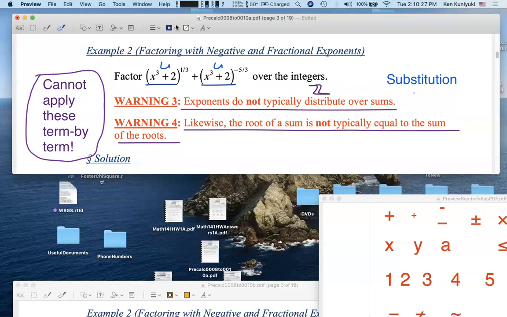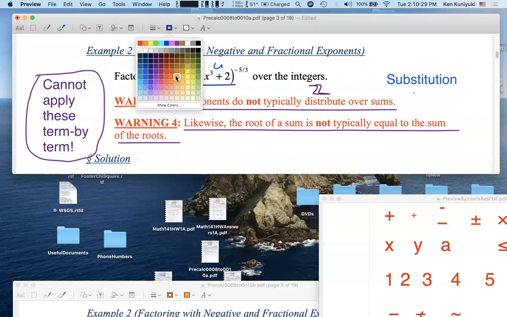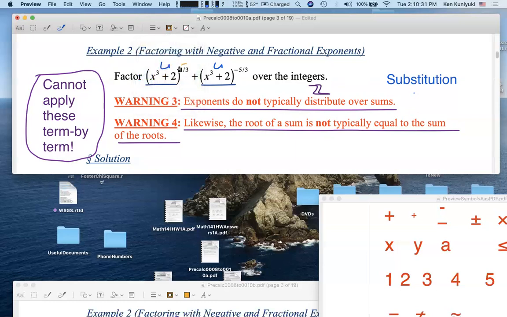Which is the least exponent? I know it's kind of busy right now, but which is the least exponent? Is it the 1/3 or the negative 5/3? On the real number line, which exponent is least? Which is furthest to the left? It's going to be the negative 5/3. Remember, any negative number is less than any positive number.